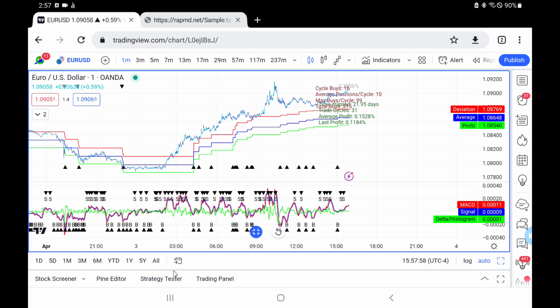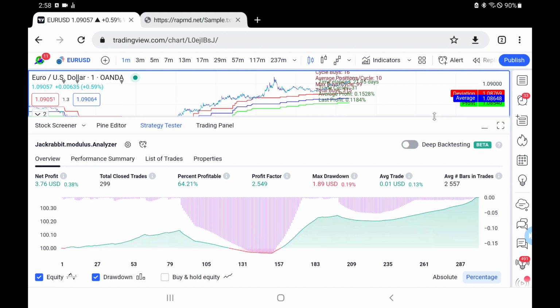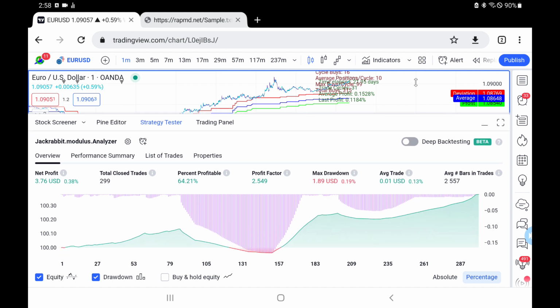And I'm going to show that right now. Let's enlarge this. There we go. And now you can see just what the accumulation looks like in a real situation.